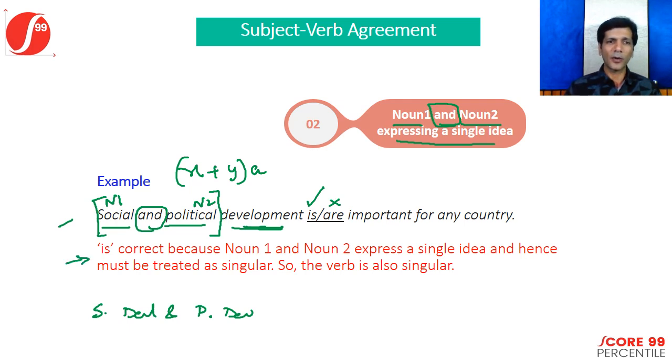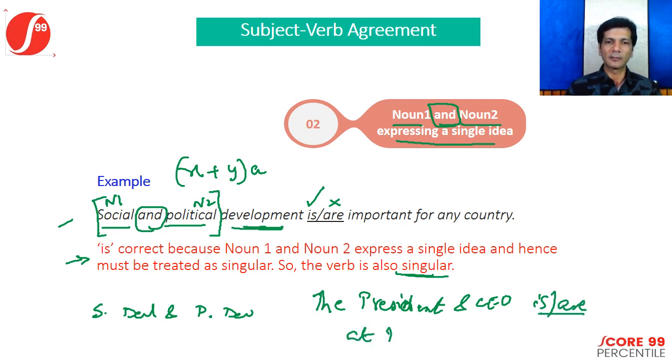That's exactly what the point here also says. Is is correct because noun 1, noun 2 express a single idea and hence must be treated as singular. So the verb is also singular. Now say for example, you're looking at another sentence that says something like the president and, let's say, CEO. What is the right form of the verb? Is it is or are at the meeting? Supposing you have a sentence like this.